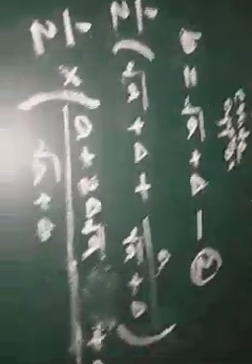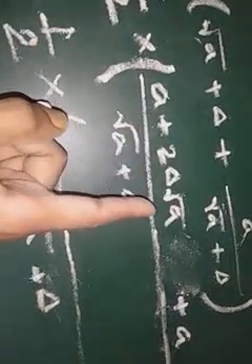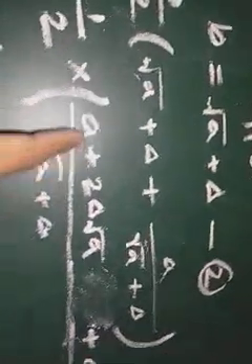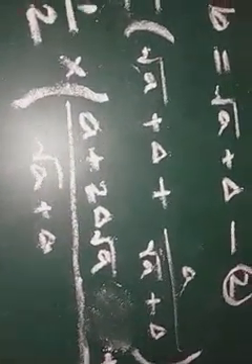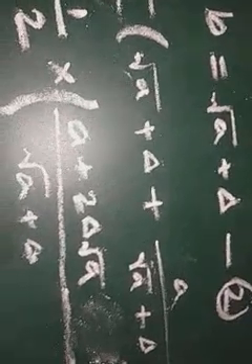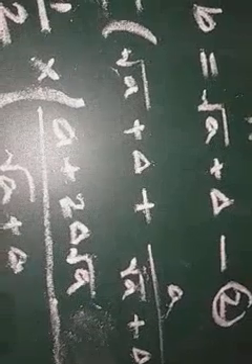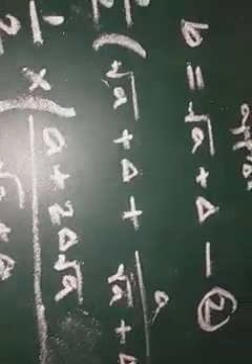Yes. And what we see over here, a plus 2 del times root a plus a. So a plus a gives you 2a plus 2 del times root a. Then 2a plus 2 del times root a.